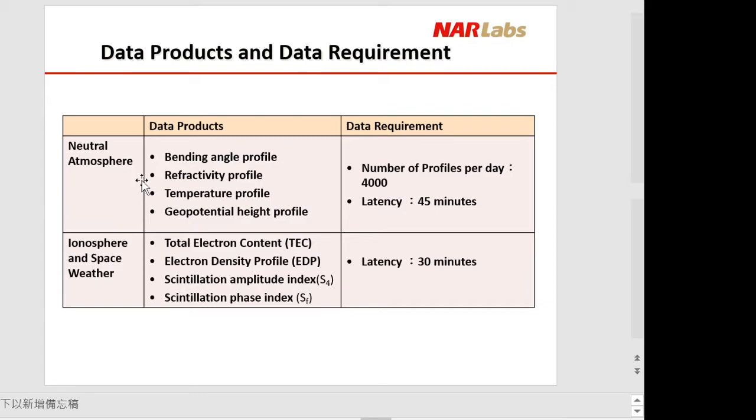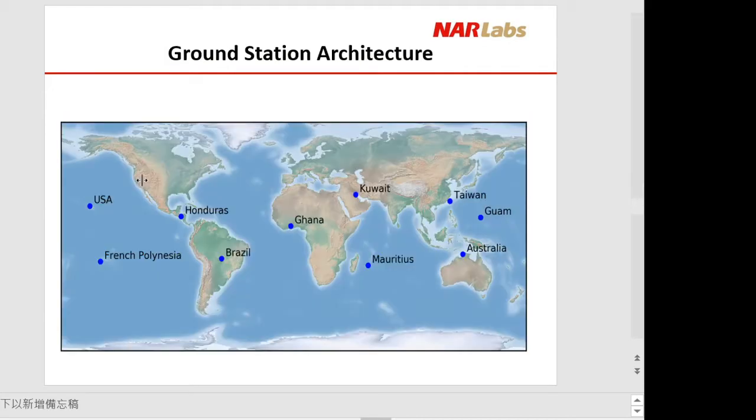For space weather, the requirement is tougher. The data latency requirement is 30 minutes. People may be curious how we achieve data latency like that, 45 minutes and 30 minutes.